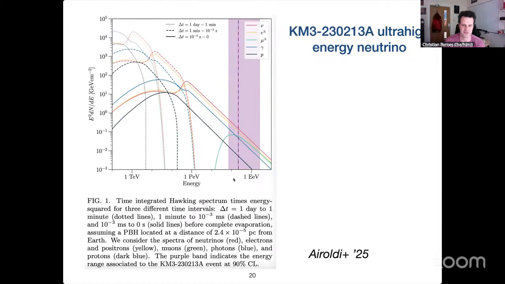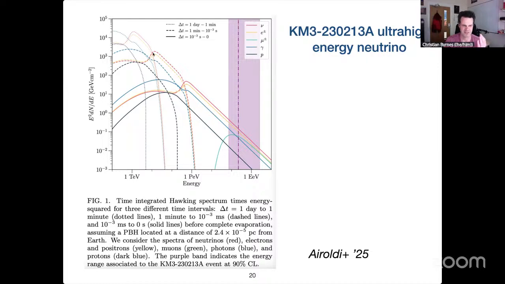So to just try and make that a bit more concrete, again, from this Eroldi et al. paper, this is showing the flux in neutrinos, gamma rays, protons, etc., electrons, positrons, in the last day and dashed. Then when you get to the last minute, the black hole has got lighter.